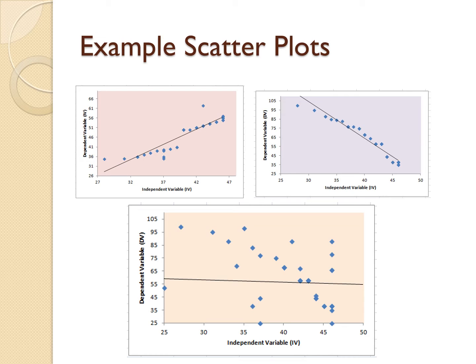And the second plot shows a negative relationship, meaning that as the value of the independent variable increases, the value of the dependent variable decreases. And the third plot shows that there is no relationship between the dependent variable and the independent variable.